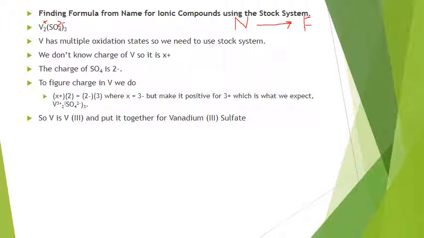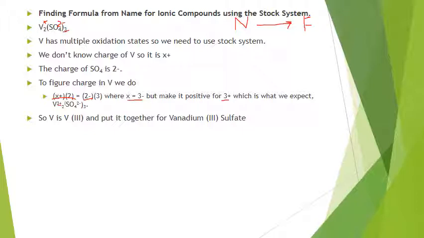So what you're going to get is 2 times X plus has to equal 3 times 2 minus. And so when you do the math, X equals 3 minus. You have to switch the charge to 3 plus. So it'd be 3 plus that goes here.